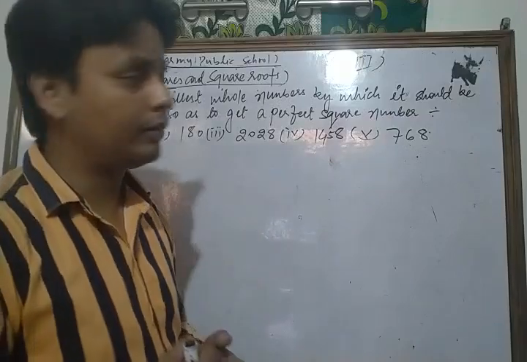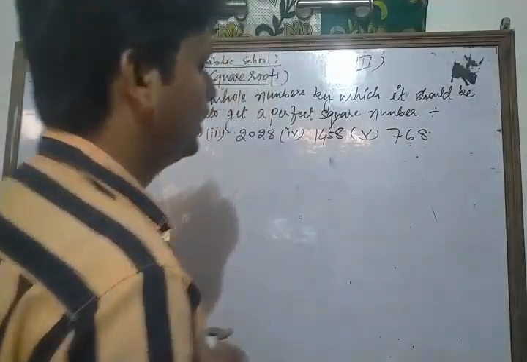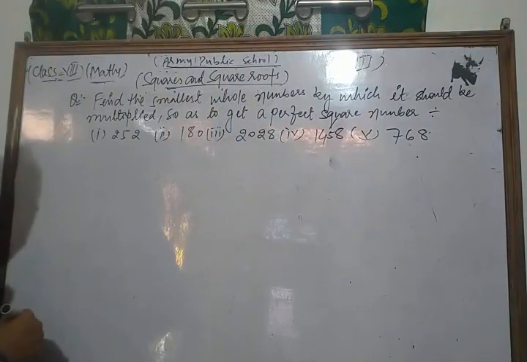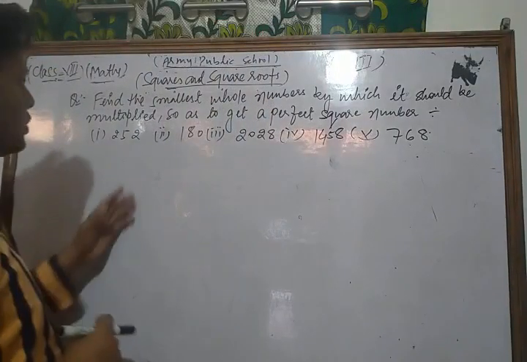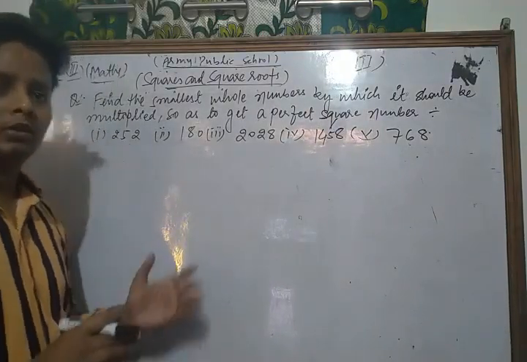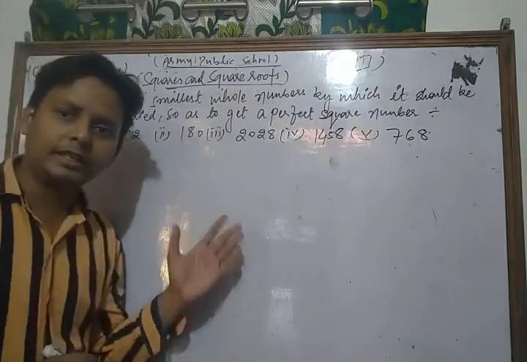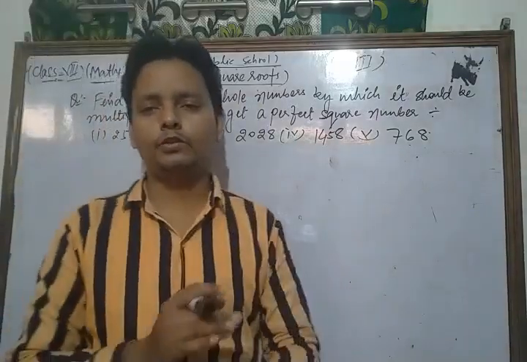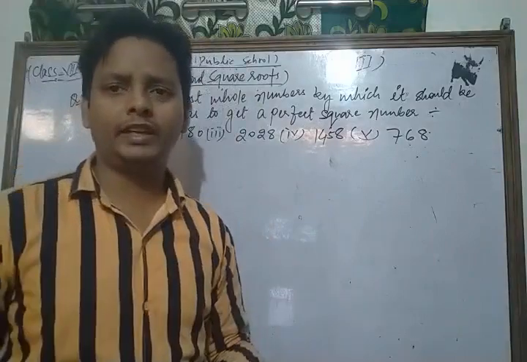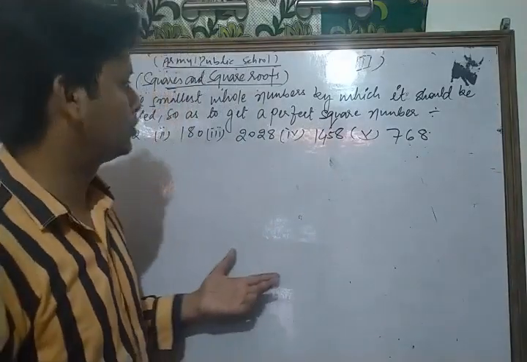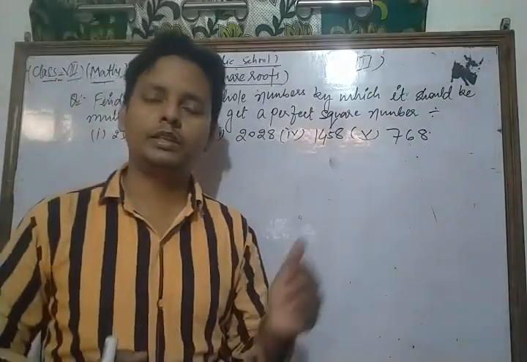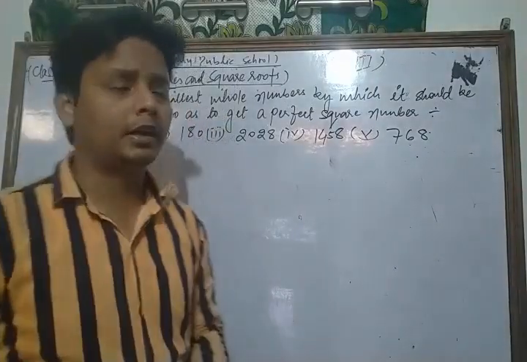In that question, we find the smallest whole number by which it should be multiplied so as to get a perfect square number. So in that type of question, first of all we do their prime factorization. After that we can find which number should be multiplied to get a perfect square number.